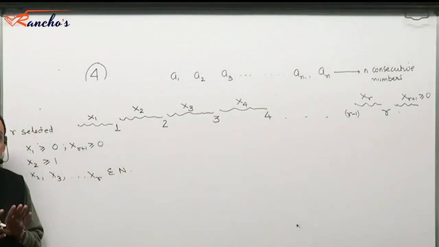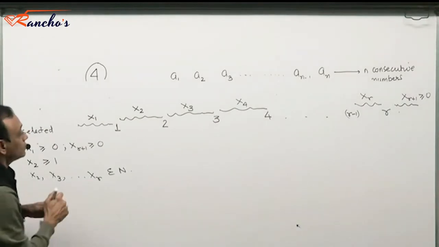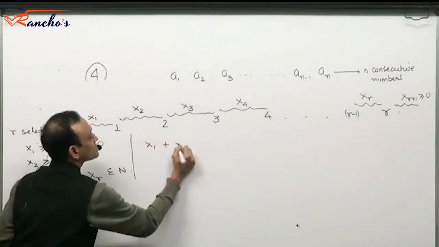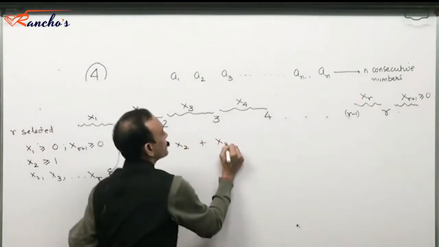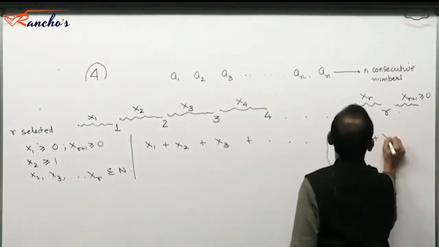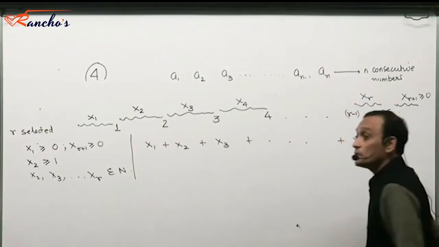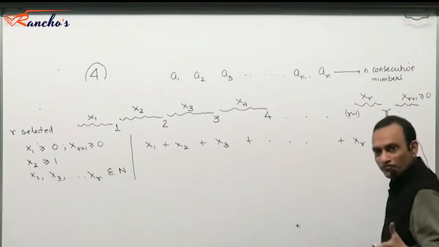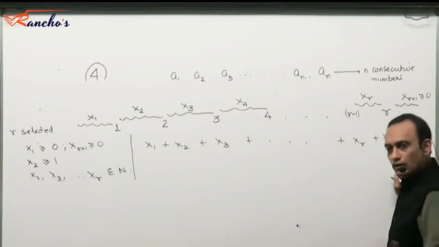Yes or no? Now, can I not say that x1 plus x2 plus x3 plus xr plus xr plus 1, these are the numbers not selected? So they must add up to n minus r.